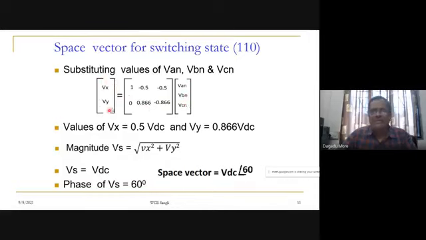Then you can get the Vx and Vy. And once Vx and Vy are known, you get the space vector Vs, which will be square root of Vx square plus Vy square. And the angle will be a tan inverse of Vy by Vx.